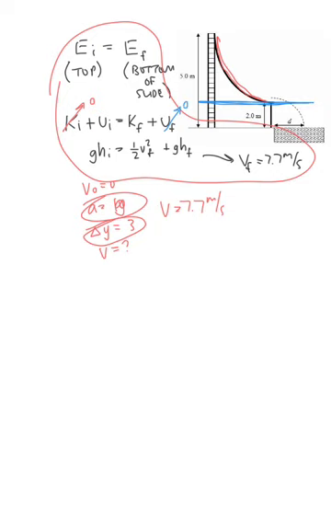So then you would just have this equation, g h initial is equal to 1/2 v final squared. The difference is that the h initial, instead of being the 5 meters that we have right here, would now just be 3 meters because it's the distance from the bottom of the slide.